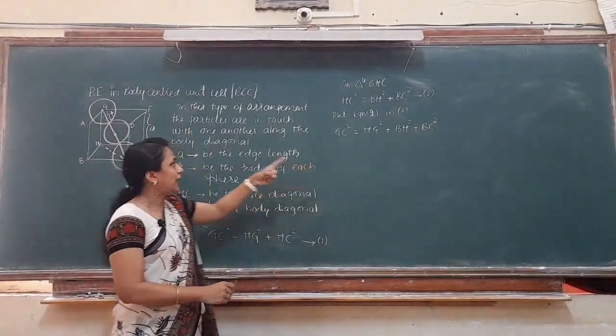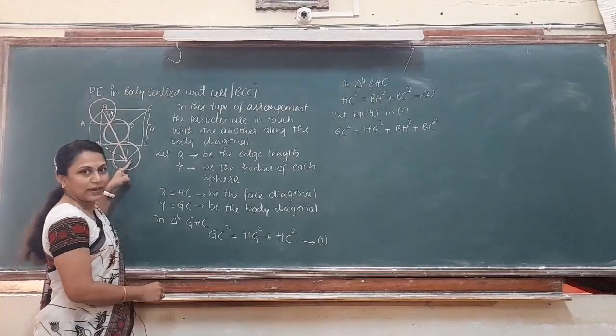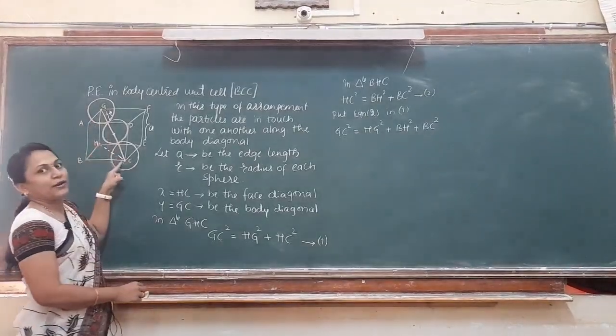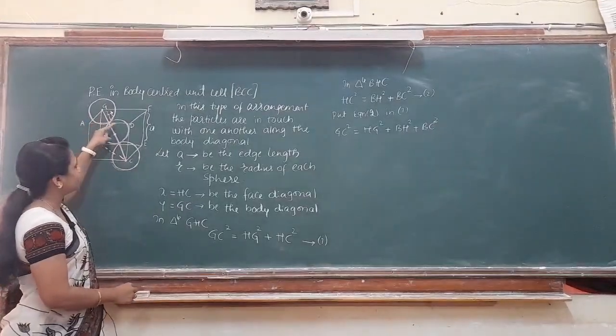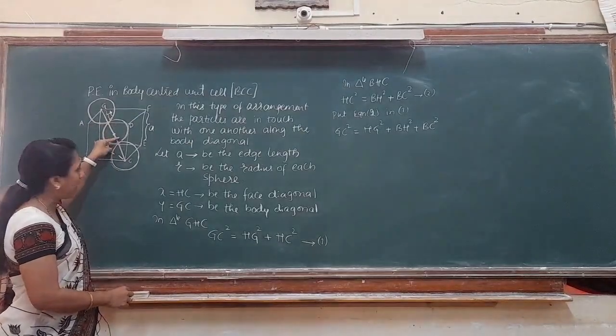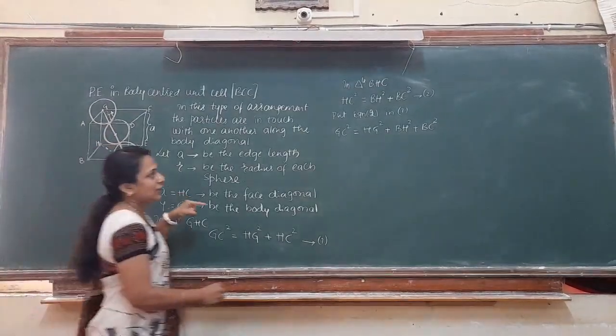GC is the body diagonal, this is R, this is 2R and this is R, that is 4R.